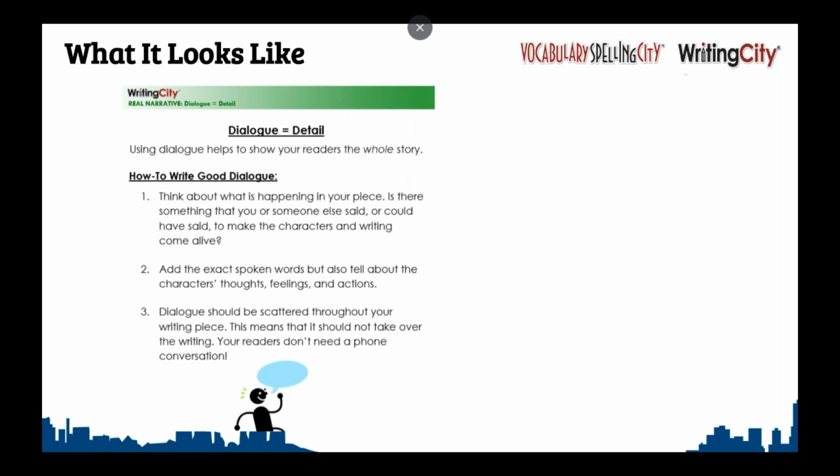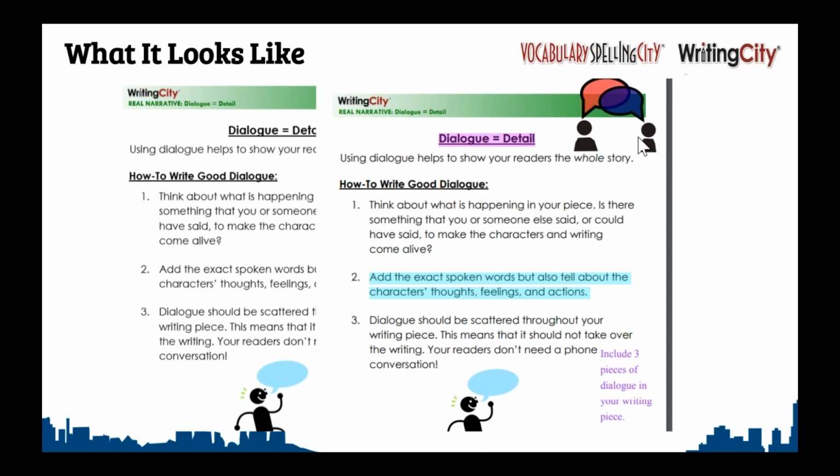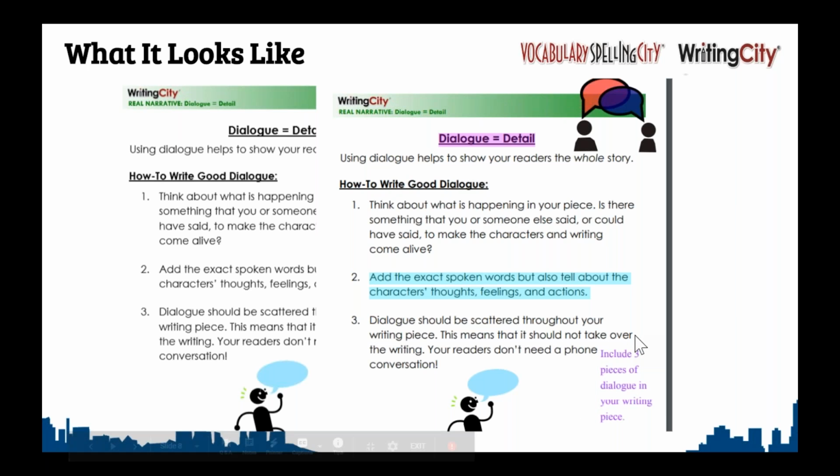So this was the initial document, and then I added the highlighting to help my students know exactly where they were working, images if they needed additional images, and then I actually included down here on the bottom where I've got my 3 pieces of dialogue needed, a specific prompt that I needed my students to go ahead and complete with.